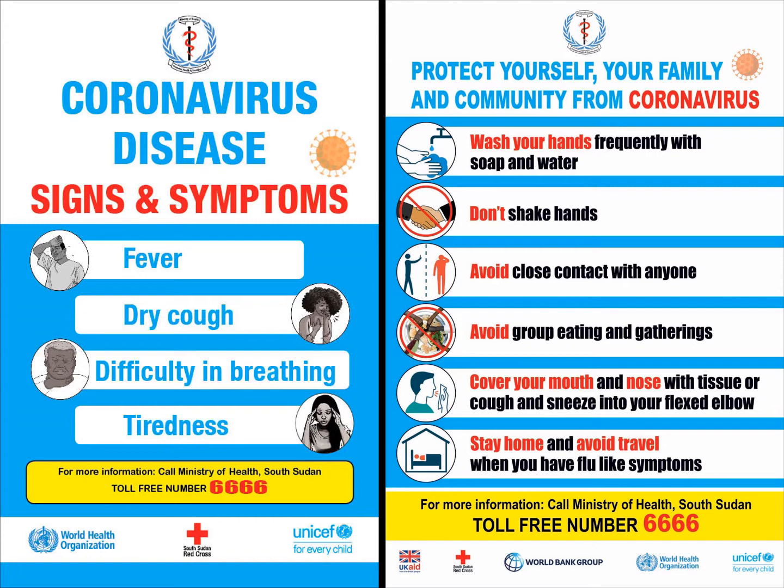The other message that has been added in the new materials which have been produced is to avoid group eating. This came out of the perception studies that have been done to identify the risky practices within our communities. It came out very clearly that we have to reduce the way we gather together and eat together, because when everybody is around one space, it increases the risk of transmission.